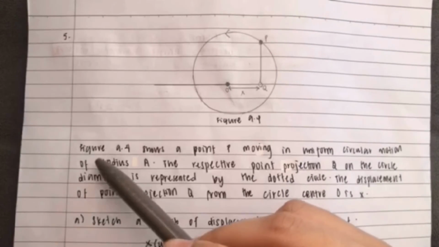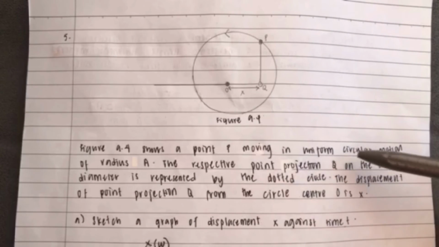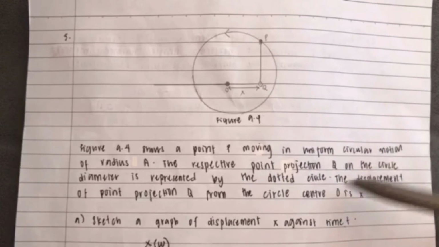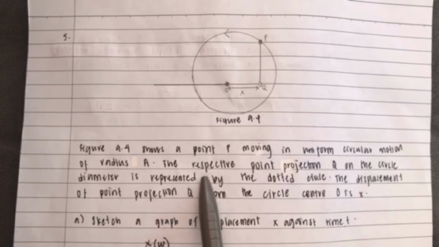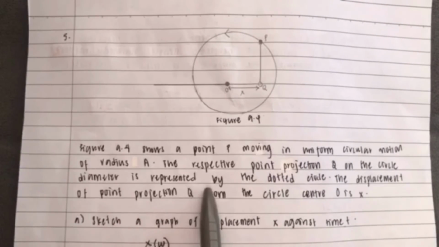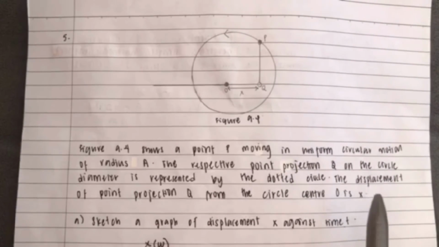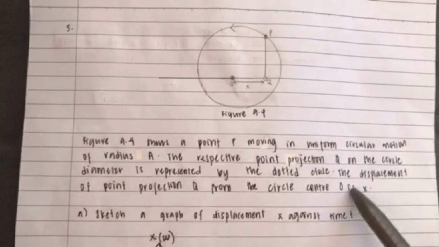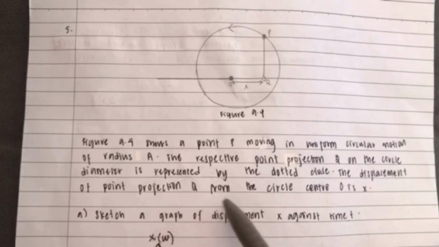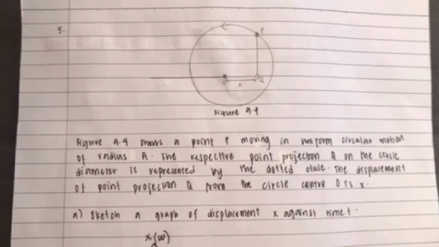Question number 5. Figure 9.4 shows a point P moving in uniform circular motion of radius A. The respective point projection Q on the circle diameter is represented by the dotted circle. The displacement of point projection Q from the circle center O is x.